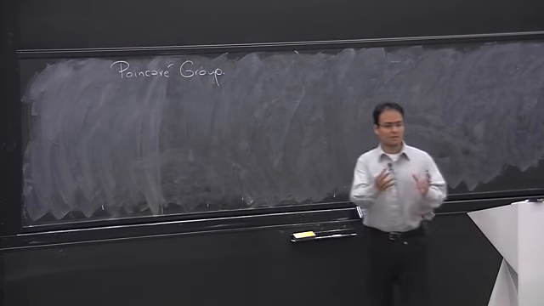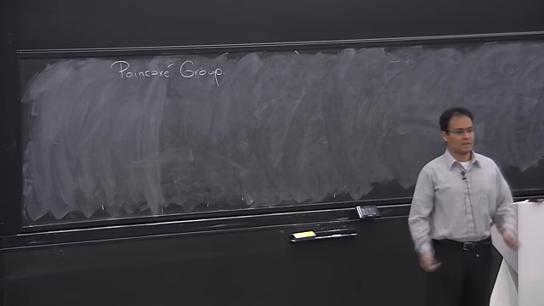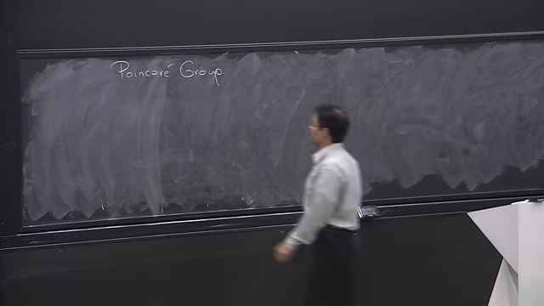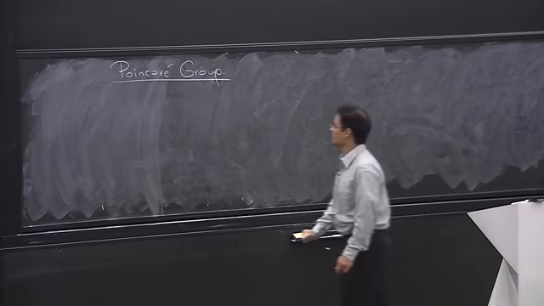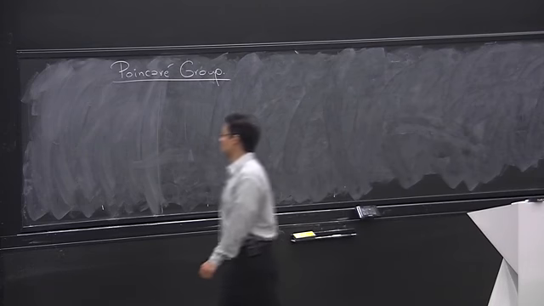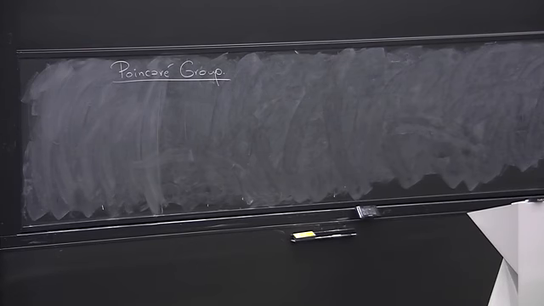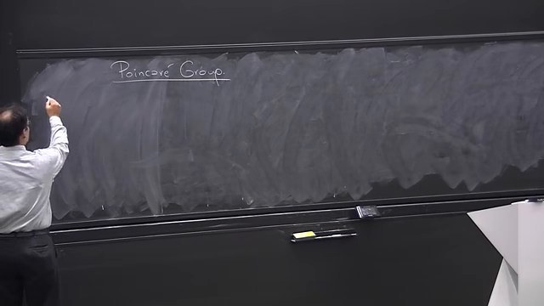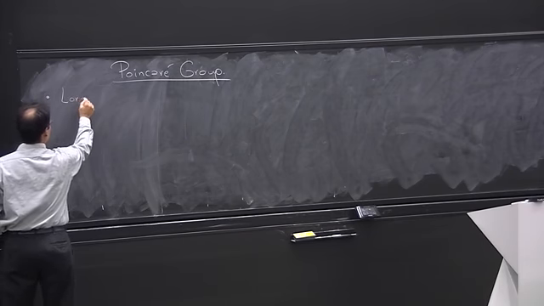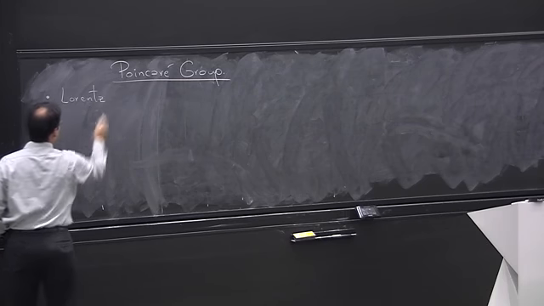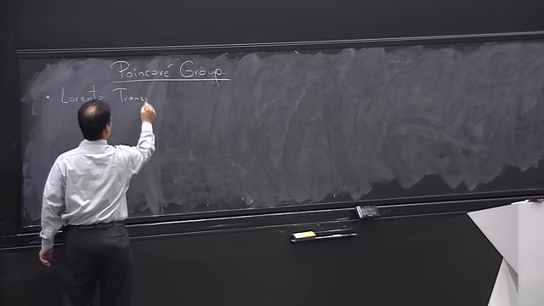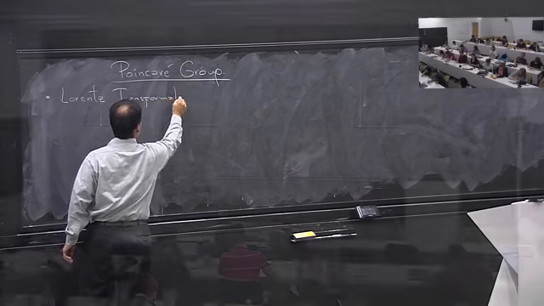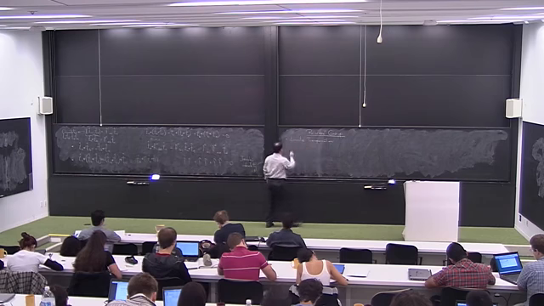Okay? As a basic group that will lead us to a lot of the physics we know. So we all know that the Poincaré group contains Lorentz transformations and translations.